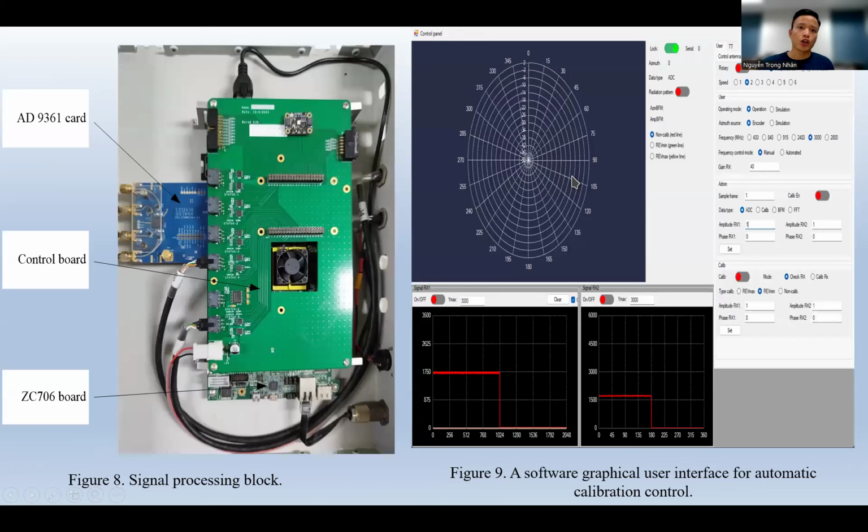Figure 8 shows the signal processing block, which includes the AD93 one-card control board and the CSC70 board.